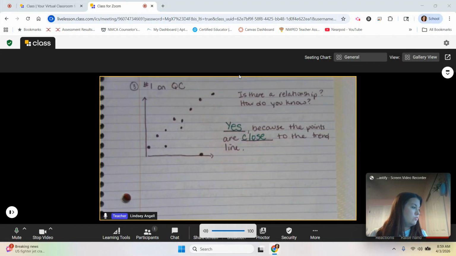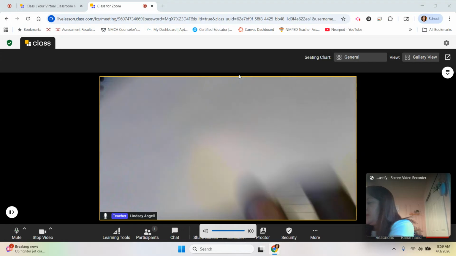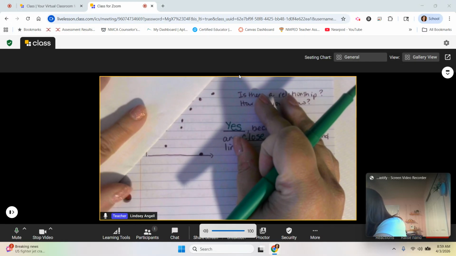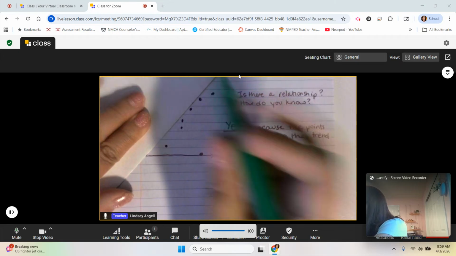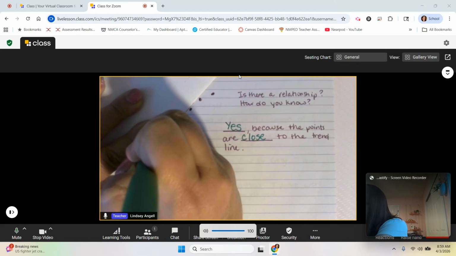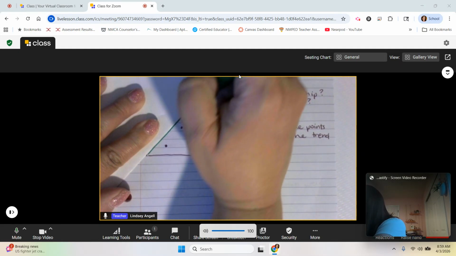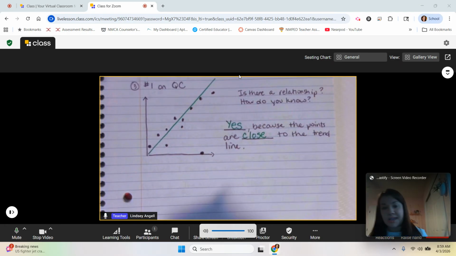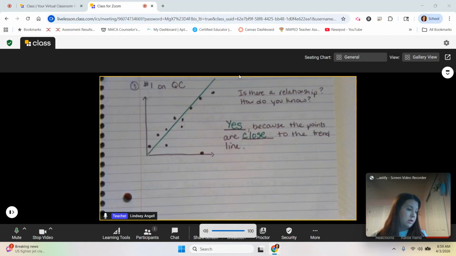If I were to draw a trend line, hold on one sec, I'm trying to find a straight edge. I don't have anything. Oh, I have an envelope. We'll use that. My goal is to draw a line as close to the middle of all of those points as possible. That might look something like that, right? And they're all close to it, or the majority of them are.